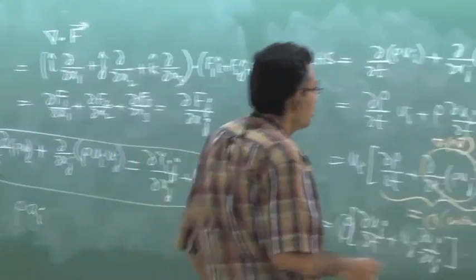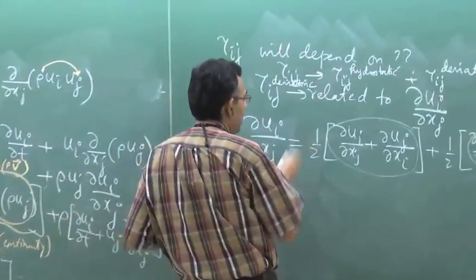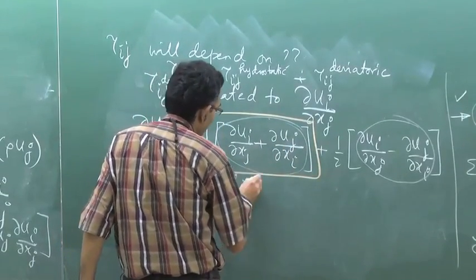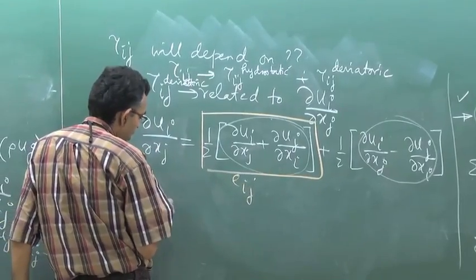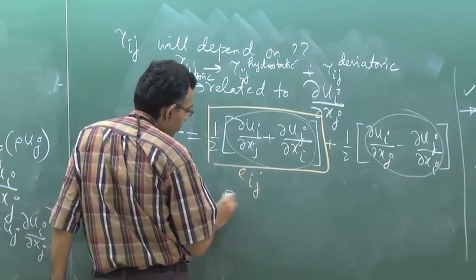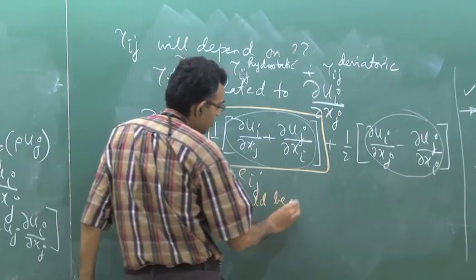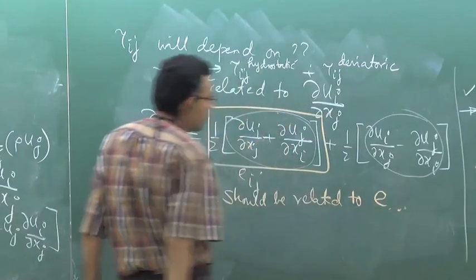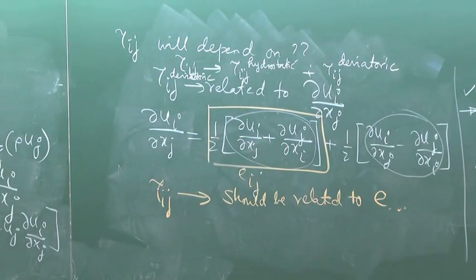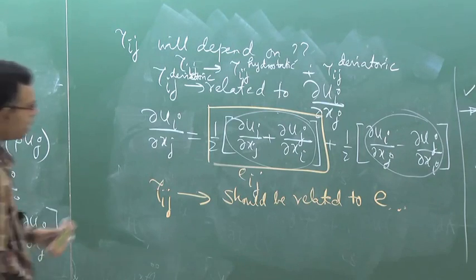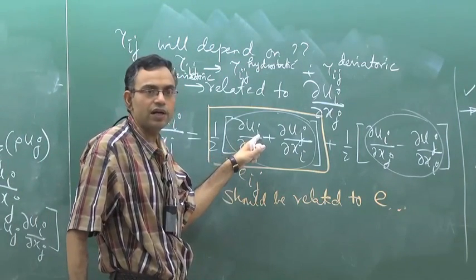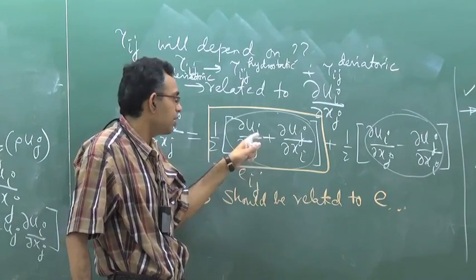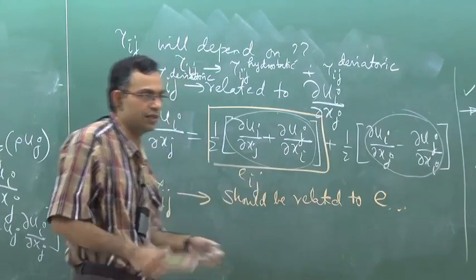So if you give this a name Eij, then tau ij should be related to this E. This E is also a second order tensor, right? This is called the rate of deformation tensor because it uses two indices for its specification.